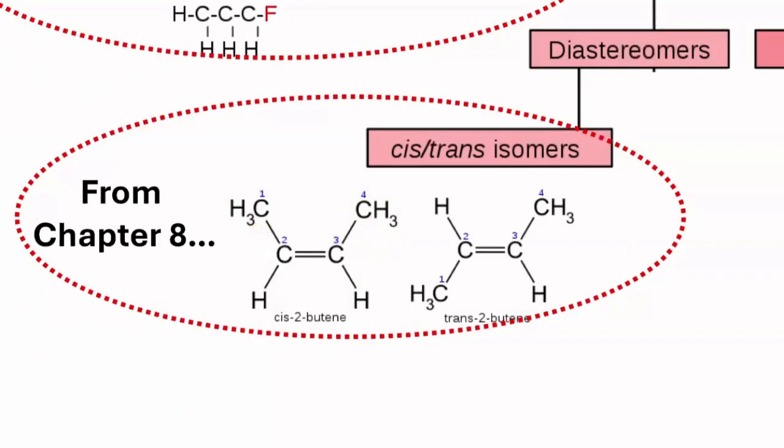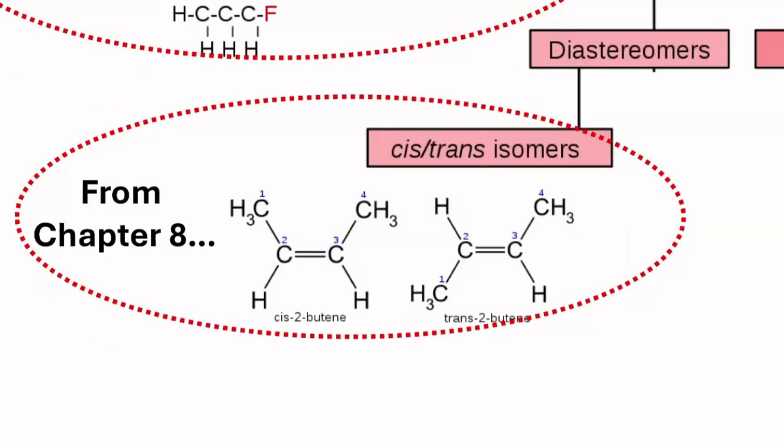And if we look at trans-2-butene, we have the same arrangement of atoms in the same order, meaning carbon 2 still has a hydrogen and a cluster of a carbon and three hydrogens. Carbon 3 still has a carbon and a cluster of three hydrogens, along with a single hydrogen. So in terms of the atoms, we have the same clusters on both molecules.